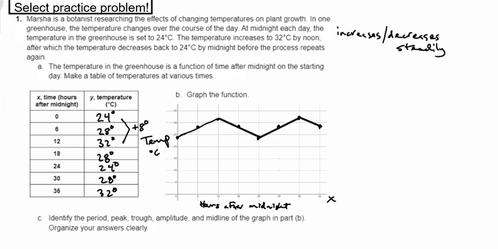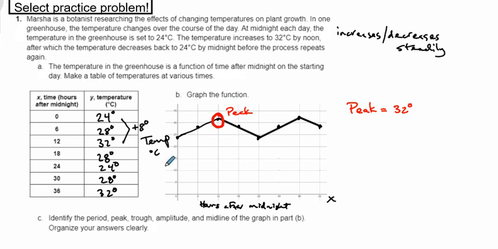It says identify the period, peak, trough, amplitude, and midline of the graph in part B. The peak is always your highest point, so this point right here is going to be our peak. The peak is 32 degrees.